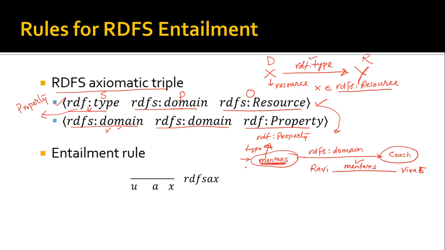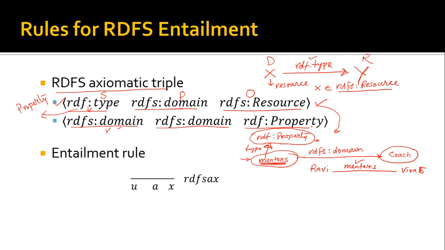Now, as this is a type property, this property is becoming a class, and this class is basically the class of all the properties, and this is the domain. Domain of RDFS domain. That's why we are saying the RDFS domain of RDFS domain is RDF property.